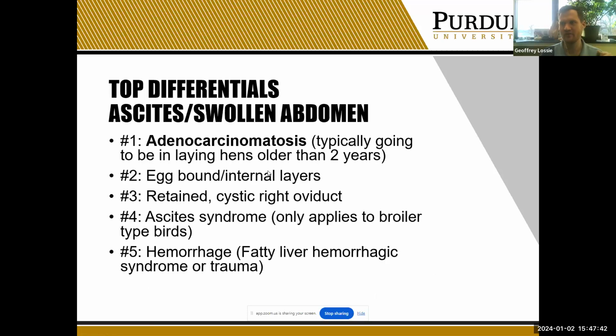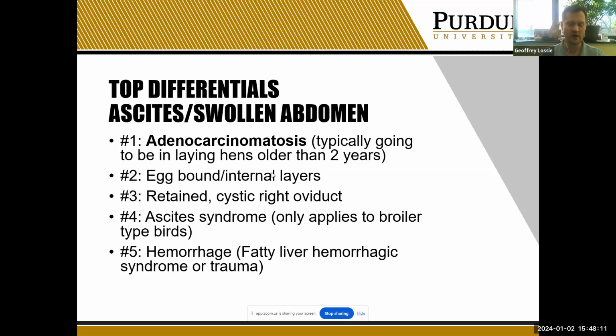Now, one of the topics that I was asked to discuss or look at a little bit more are some reproductive conditions of laying hens. One of the most common ones that I encounter in birds that are older than 2 years of age is a certain syndrome of cancer that we call adenocarcinomatosis.